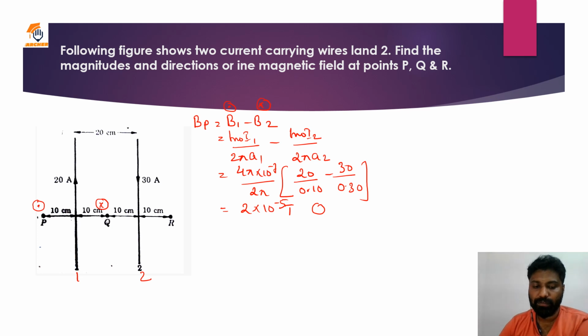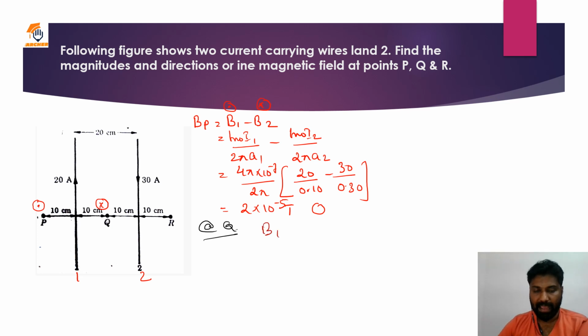So again we need to find at Q. So here both B1 and B2 point normally inward.